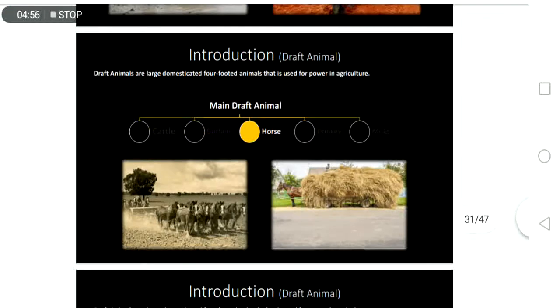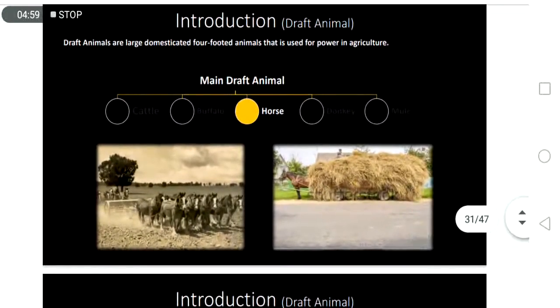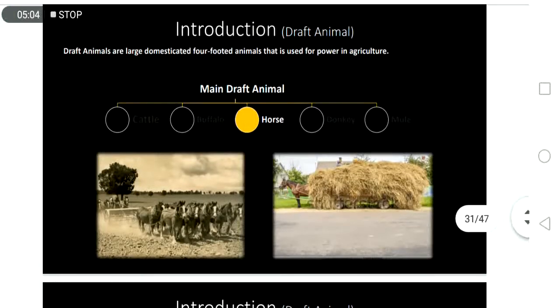Another is the horse. Like the cattle and buffalo, horses are also used in agricultural operations, particularly for land preparation. As you can see on the left side, there are many horses pulling the implement to till the land or prepare the land for crop growth.